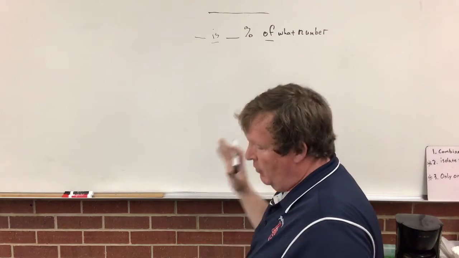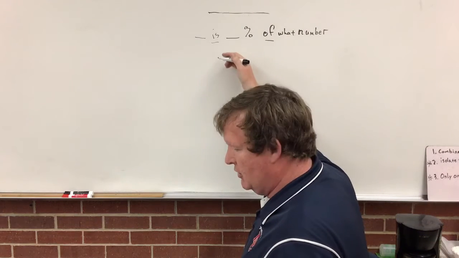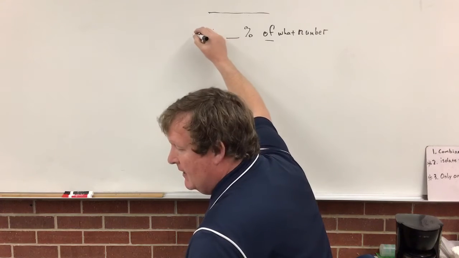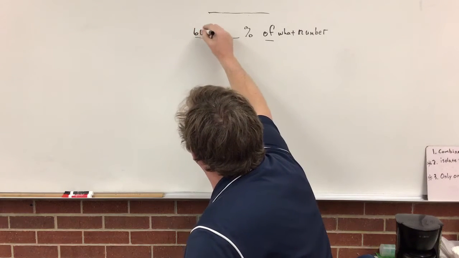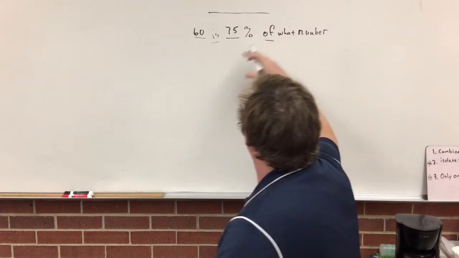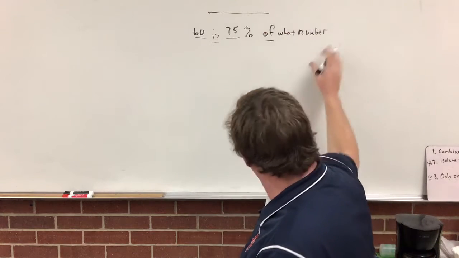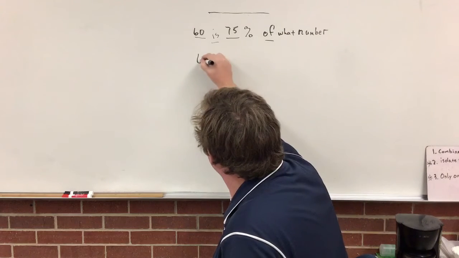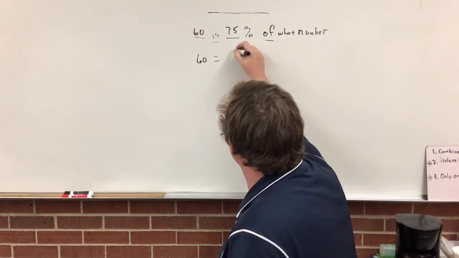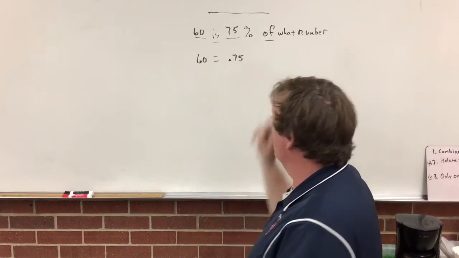Okay, so when we go to do these, we think about it in this kind of terminology. Let me find one of those examples up above. In the class exercises, number 7 does it like this. 60 is 75% of what number? So we break that down into a number sentence from the word sentence that we got. So we have 60. The word is means equals. Change our 75% into a decimal. I would do that immediately when we do these.